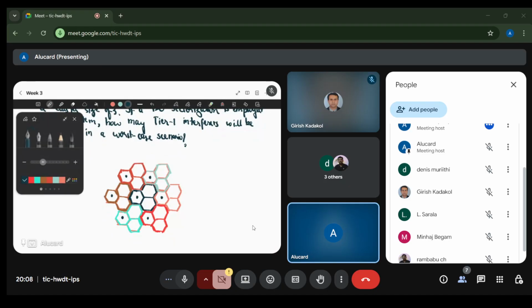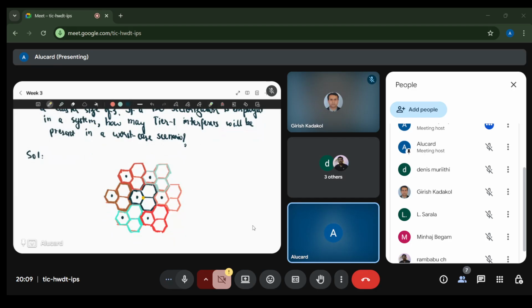Before that, let's say my user is present at the edge of the cell, which is the furthest point from your base station, which is the worst case. Then we do 120-degree sectorization.